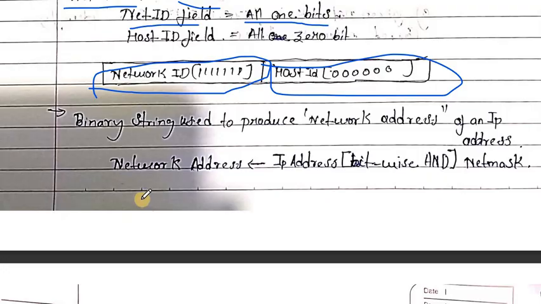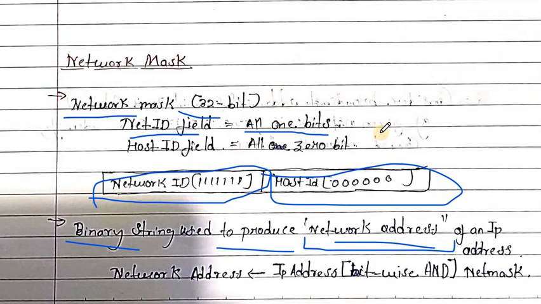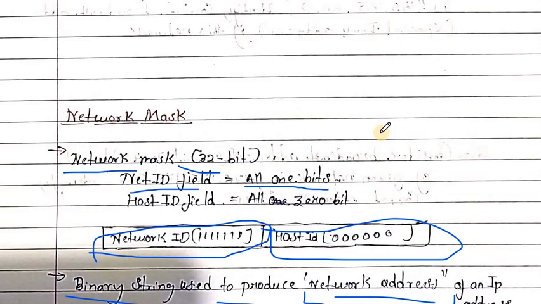Here the network mask is a binary string used to produce a network address. If there is an IP address, and with the IP address we have a network mask, with the help of the network mask we can extract the network address of an IP address.